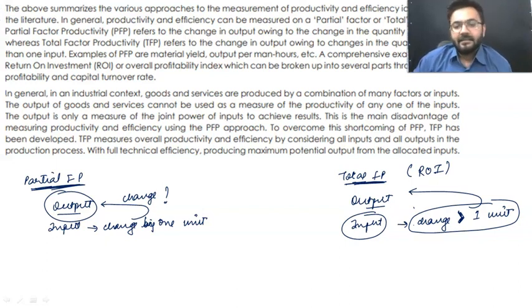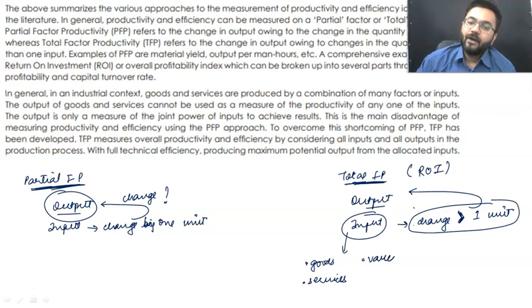These days inputs are goods and inputs are services. If anybody is using a variety of inputs, how can you say that I am increasing one quantity of goods? Respectively, you have to increase one quantity in services as well.